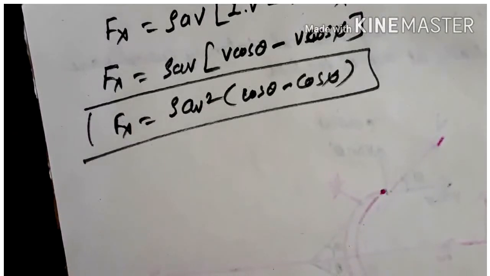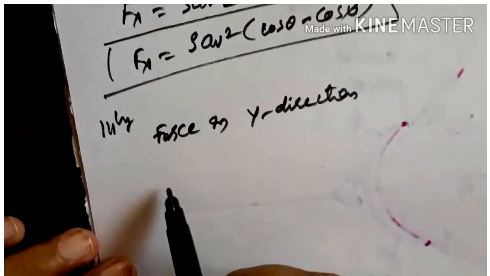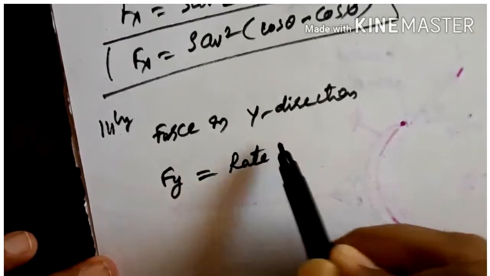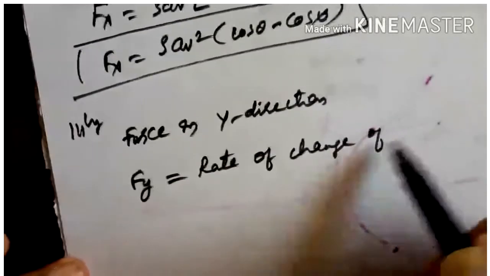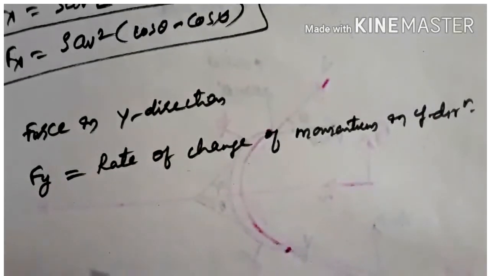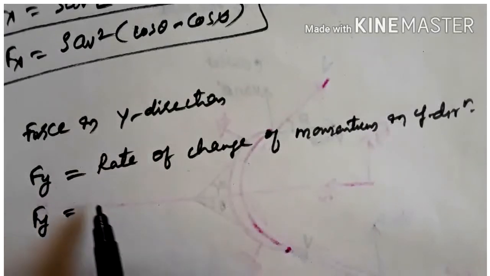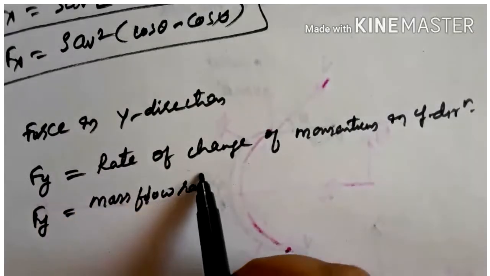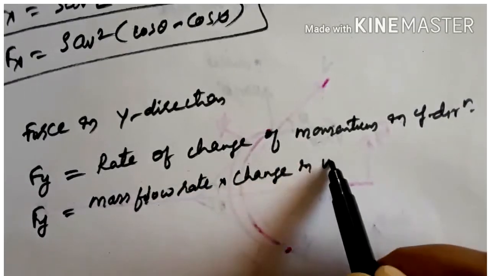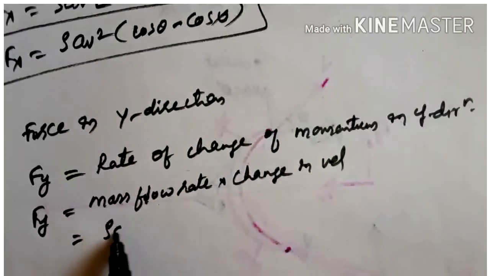Then similarly we have to calculate force in y direction. Fy will be, again applying the same formula, rate of change of momentum in y direction. So Fy will be mass flow rate into change in velocity. Again mass flow rate will be rho a v.